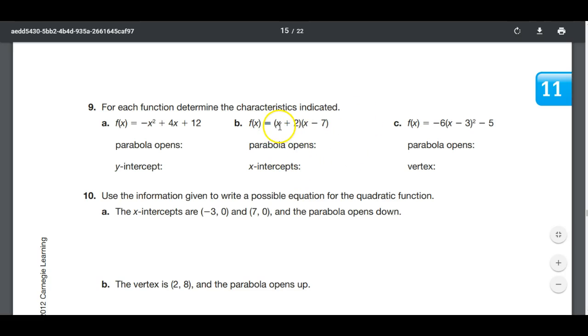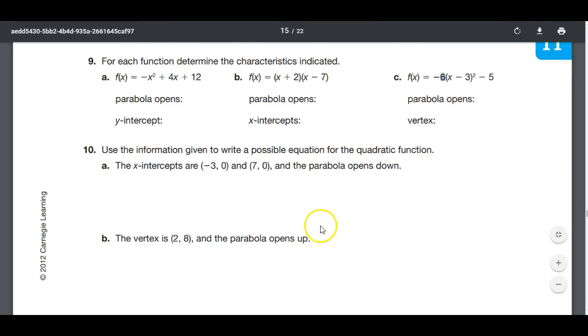And the x-intercepts are at negative 2 and positive 7. Here I've got negative 6 for a, so that opens down. The vertex is going to be at positive 3, negative 5. Using vertex form, remember, x minus h, plus k. So h is 3, but k has to be negative 5, right? So the vertex is at 3, negative 5.